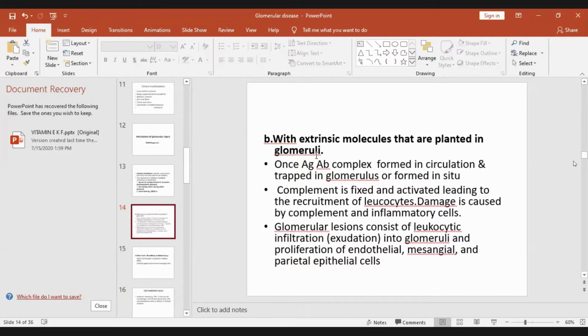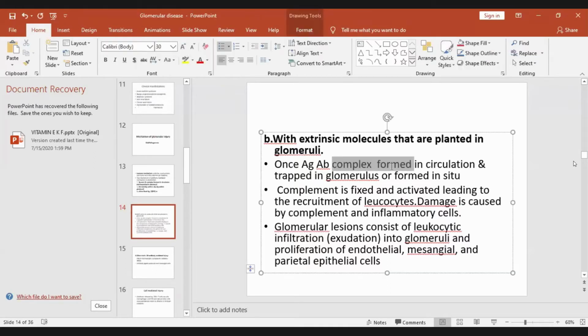The second is immune complex formed in situ in the glomeruli, that is antibody reacting to an intrinsic antigen in the glomerulus, that is the basement membrane, or an extrinsic antigen, which is either a viral part, a bacterial part, a parasitic part, or something like DNA, that is SLE. So that is the antibody mechanism: immune complex, and antibody reacting in situ as well as to planted antigen in the glomerulus.